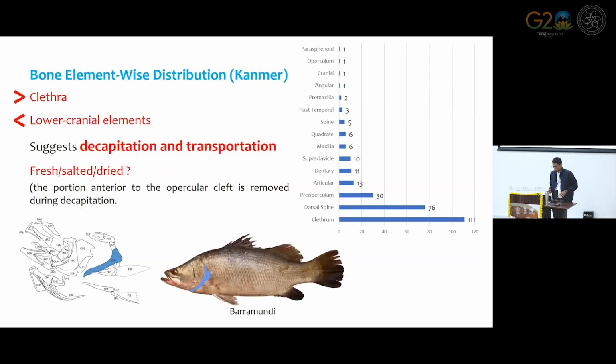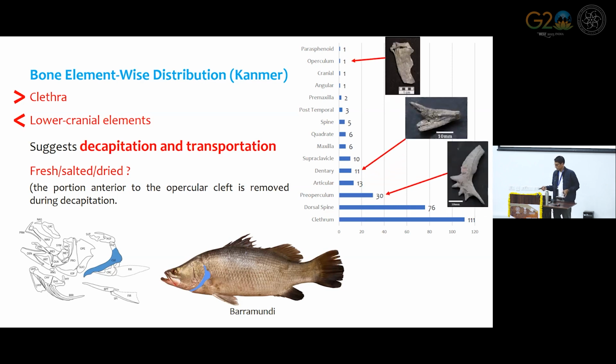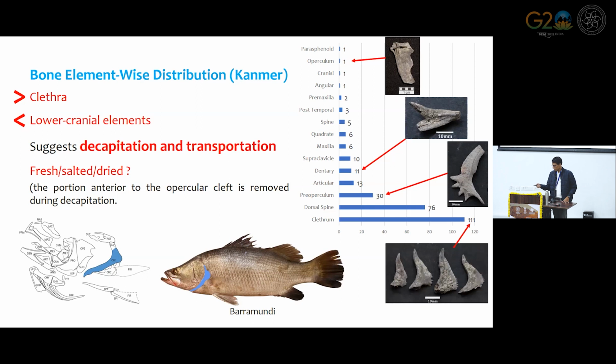And you see the bone element-wise distribution at Kanmer, especially of this particular species, Lates calcarifer. There is a higher representation of cleithra elements, which is indicated in blue. In comparison to the cleithra, other lower cranial elements are very little represented. And this is the cleithrum element, which is represented in more numbers.